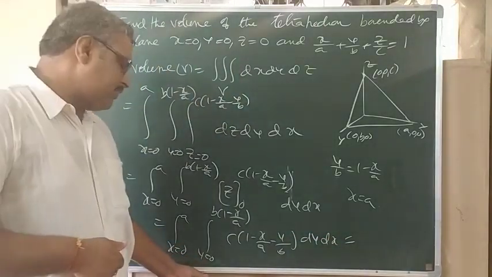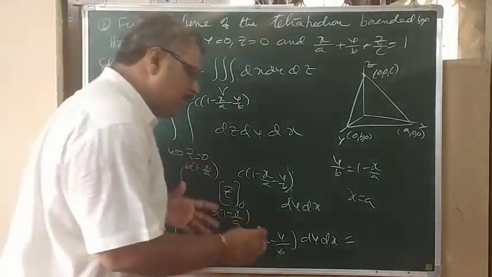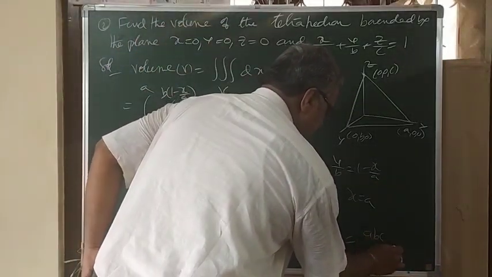Then integrate with respect to y, and integrate with respect to x. Finally you will get abc by 6.